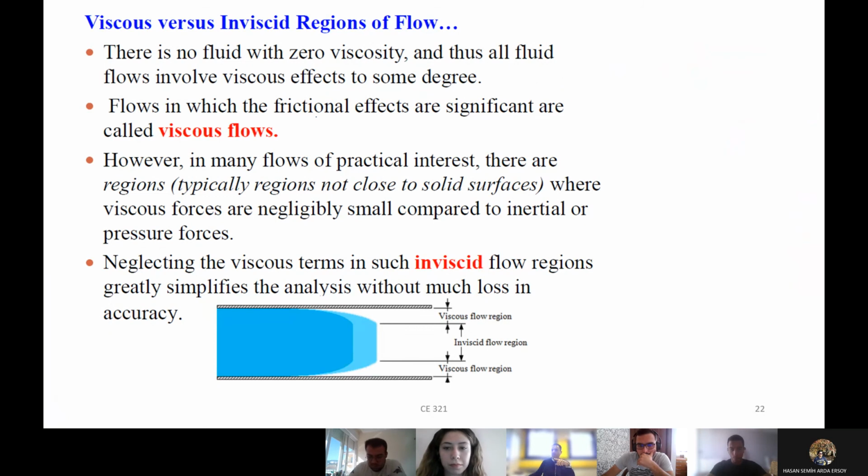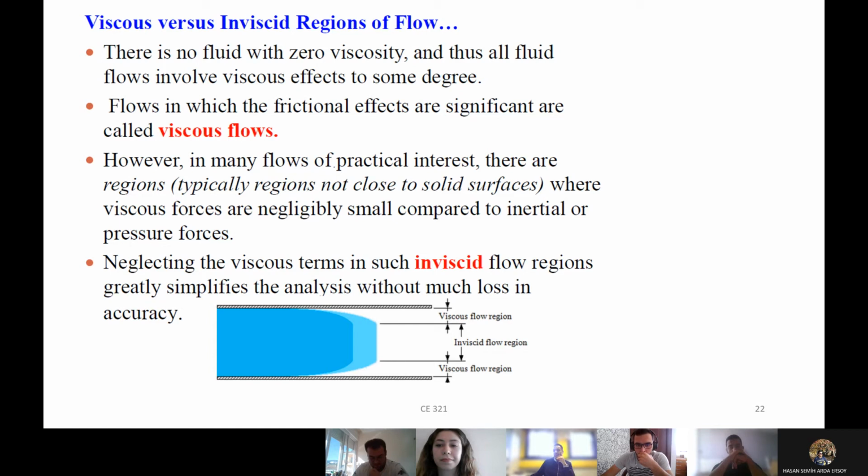Flows in which the frictional effects are significant are called viscous flows. When we study flow of honey, it is viscous flow. But when we study flow of milk, it is not viscous flow.